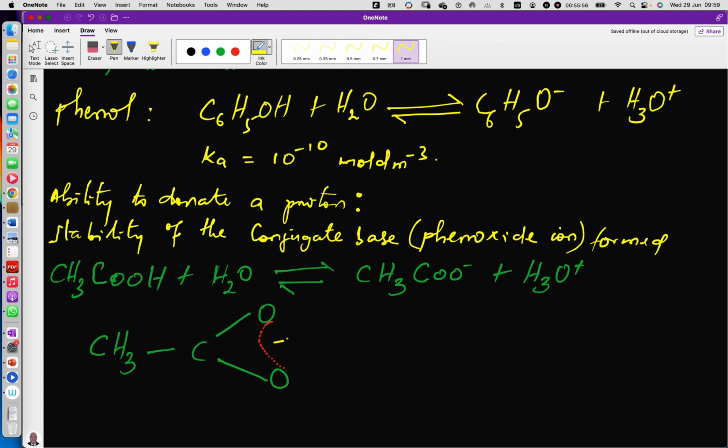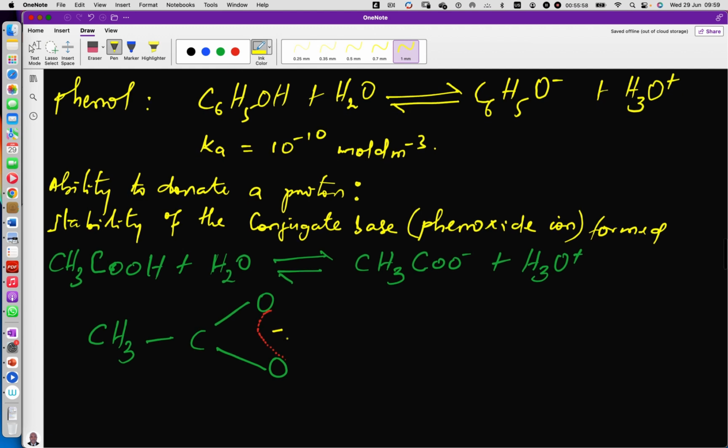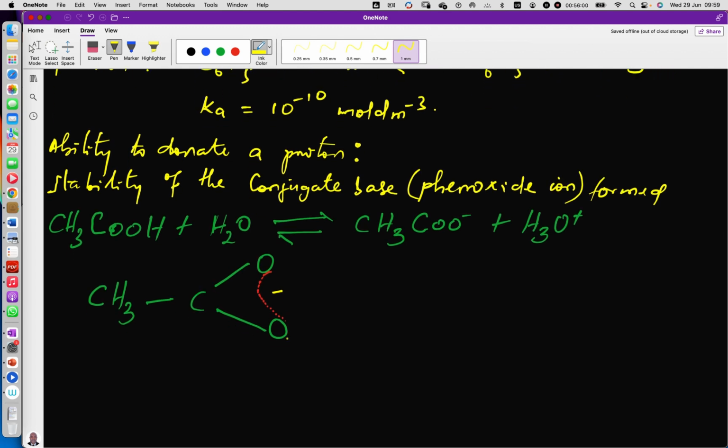From this reaction, ethanoic acid in water gives ethanoate and the hydronium ion. Among ethanol, water, phenol, and ethanoic acid, ethanoic acid is the strongest. The reason is the high stability of the ethanoate ion.